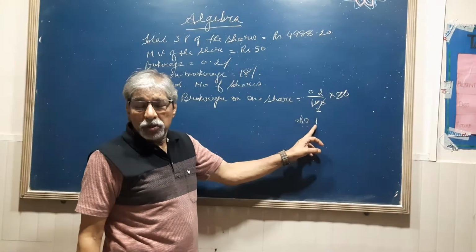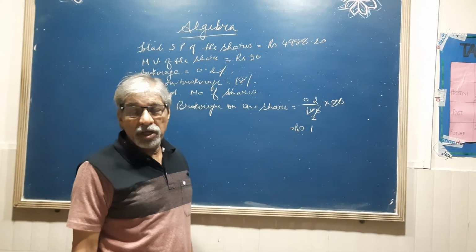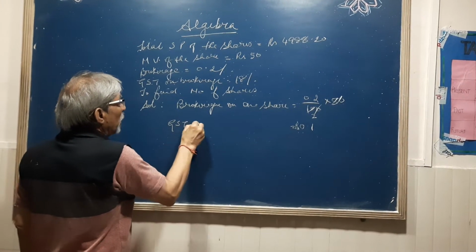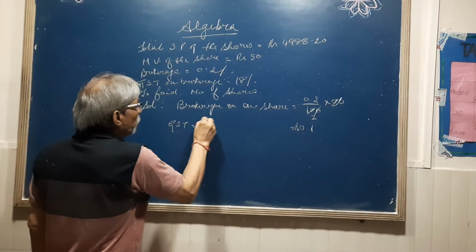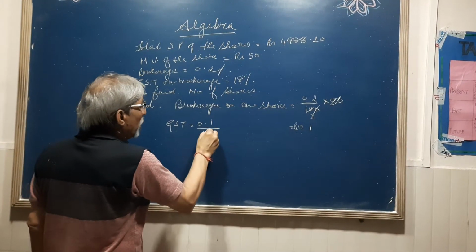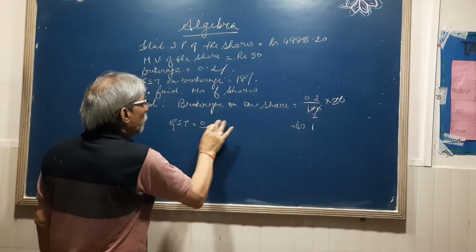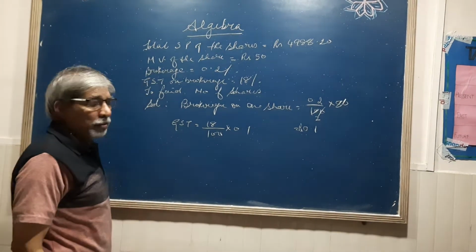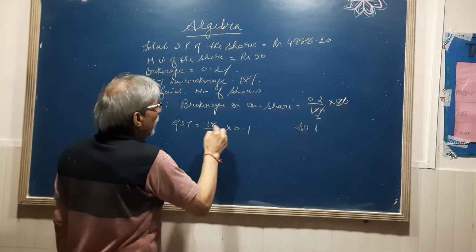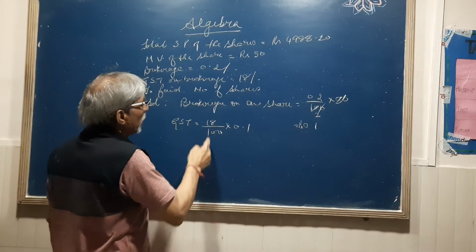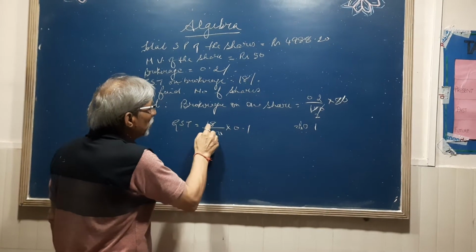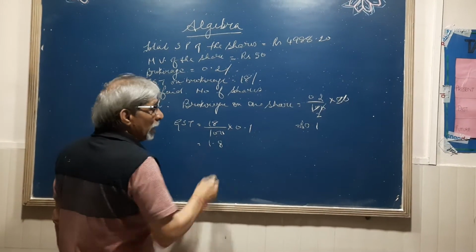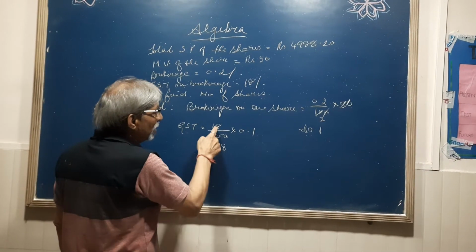On this brokerage, she is paying GST of 18%. So GST is equal to 18 upon 100 into 0.1. You can cancel here also, but there is no need. Just multiply 18 into 0.1, which is equal to 1.8, divided by 100.